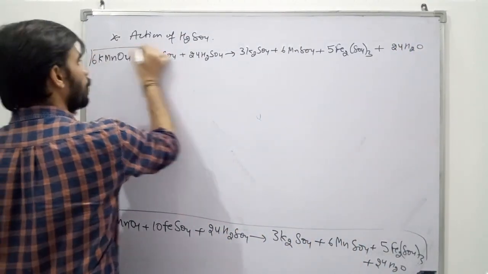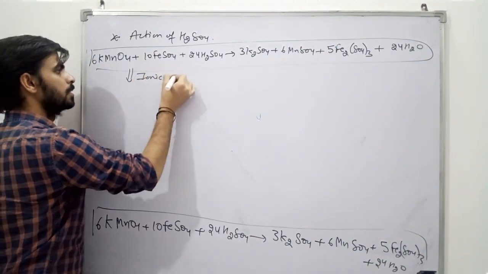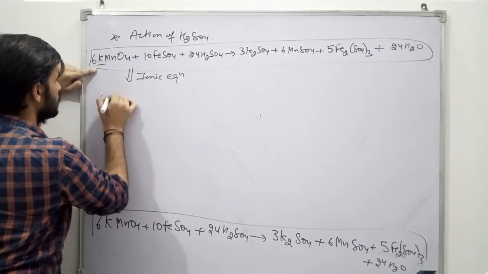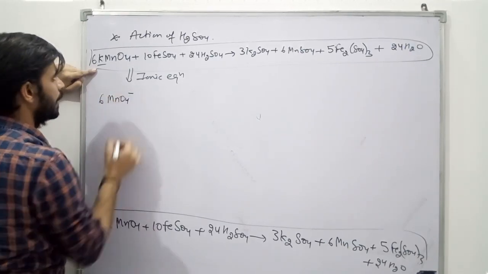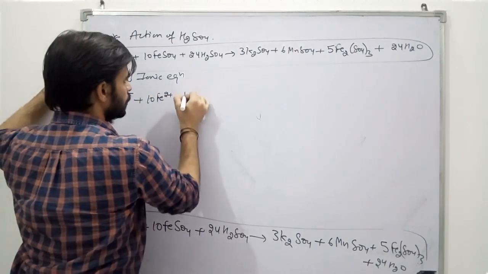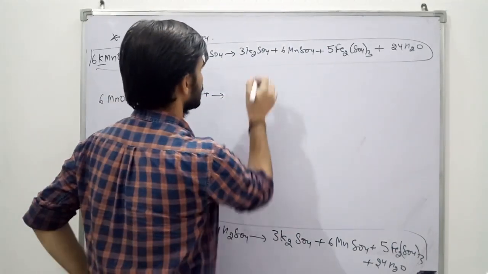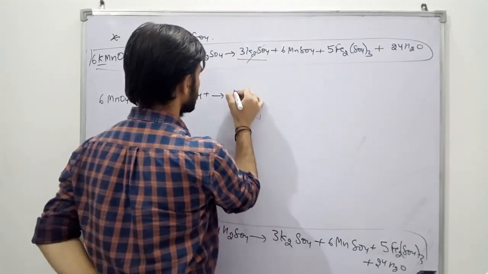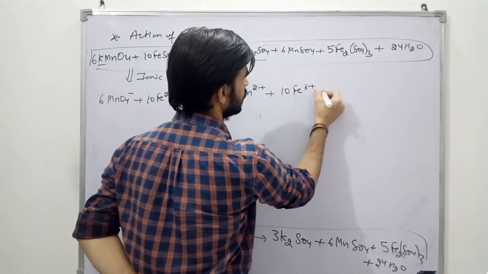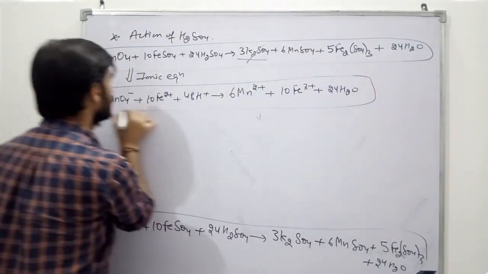Now convert this balanced molecular equation into the ionic equation. So again neglect potassium, then we have 6 times MnO4 negative, 10 times Fe2 positive, 48 times H plus ions gives, neglecting this, 6 times Mn2 positive, 10 times Fe3 positive and 24 times H2O. This is your balanced ionic equation.